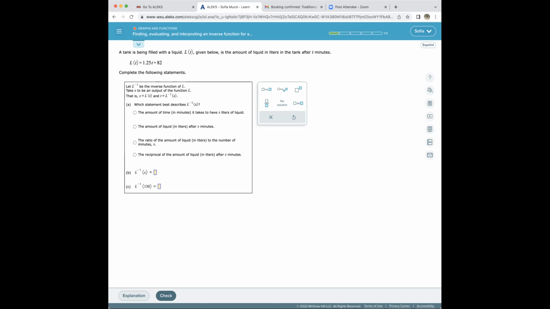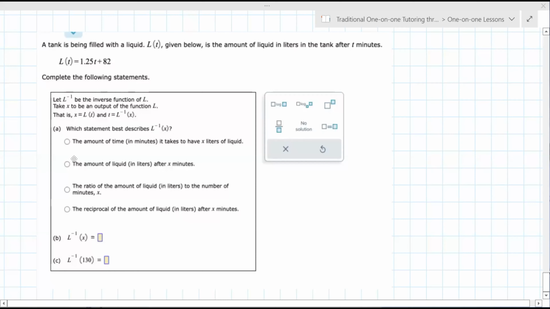Let me share my screen. Okay, so let's start down here with the inverse of X. So again, you've got L equals 1.25 T plus 82. You switch the variables, and then you solve for L, or the variable in question.